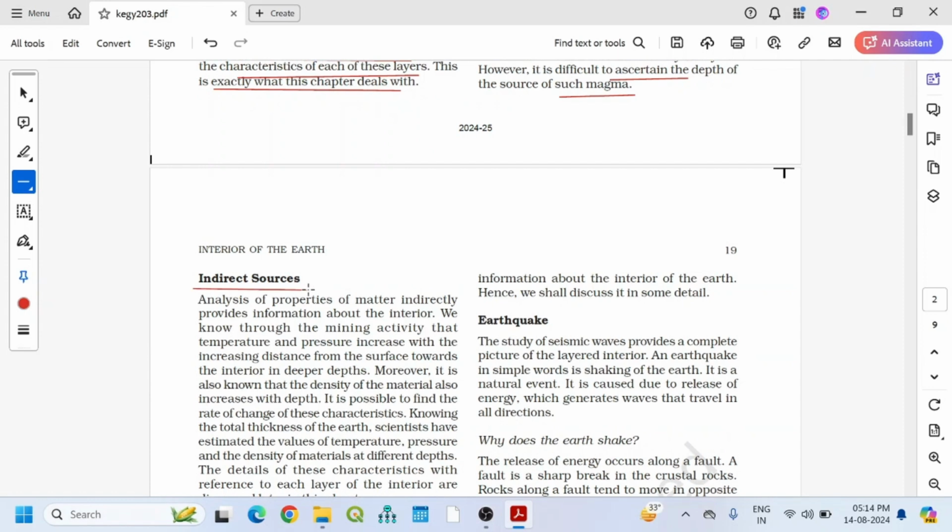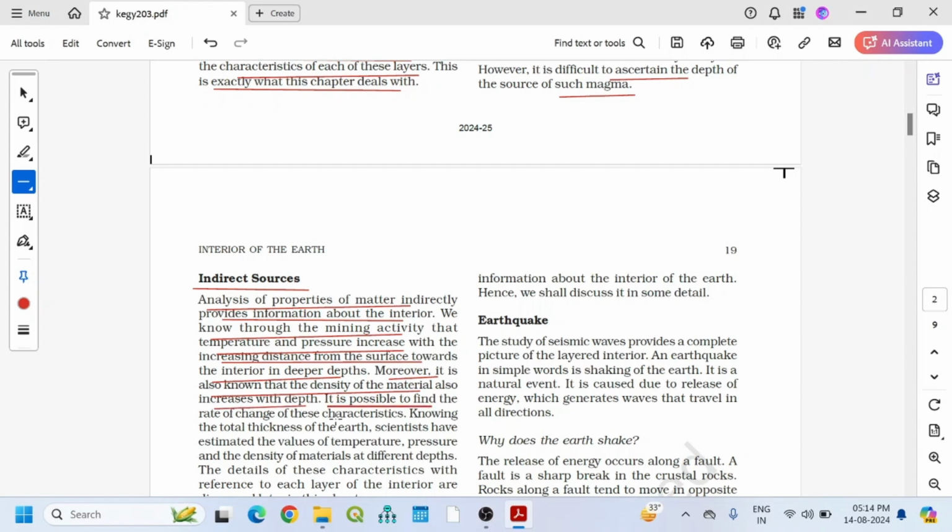There are indirect sources also. Analysis of properties of matter indirectly provides information about the interior. We know through mining activity that temperature and pressure increase with increasing distance from the surface towards the interior, in deeper depths. Moreover, it is also known that the density of the material also increases with depth.